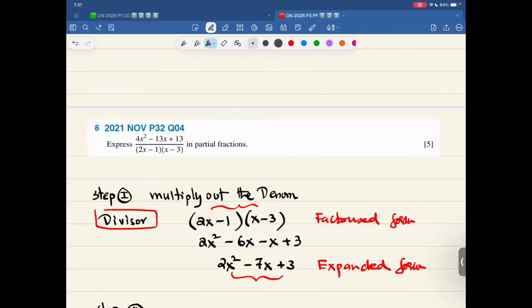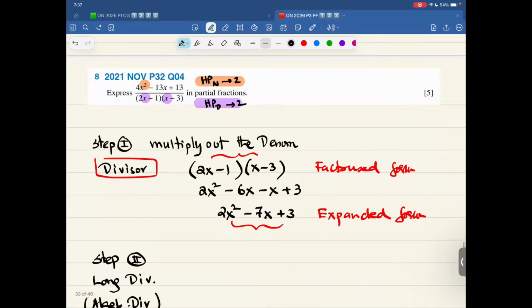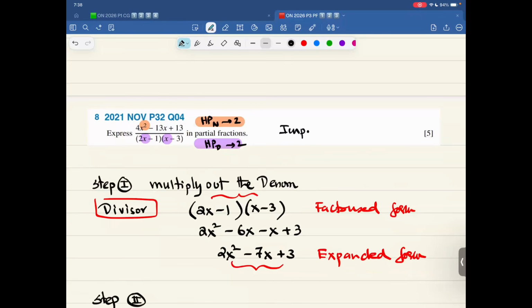The highest power of the numerator is 2, and the highest power of denominator is 2. All good? So this is an improper algebraic fraction, which makes it case number 4.